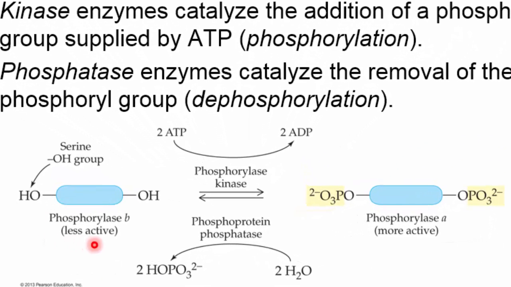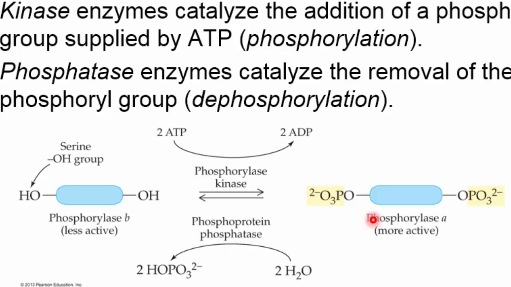For example, the enzyme glycogen phosphorylase exists in two forms, B and A. A is the phosphorylated form and it is more active than B. The phosphorylation occurs at a serine OH residue by the enzyme phosphorylase kinase, with a requirement of 2 ATP. The opposite reaction is called dephosphorylation and this requires a phosphoprotein phosphatase.